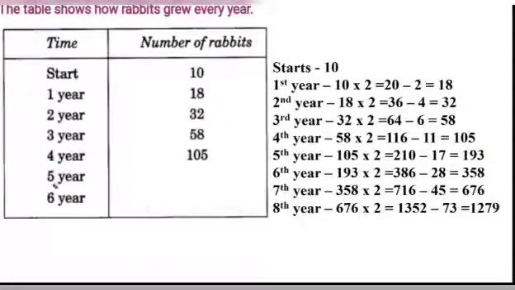So this table shows you how the rabbits were increasing. Earlier, when the rabbits were brought, they were actually only 10. So only 10 rabbits were brought to Australia, the country, that is. Now after the first year, when the observation was done, it was found that 18 rabbits were there.